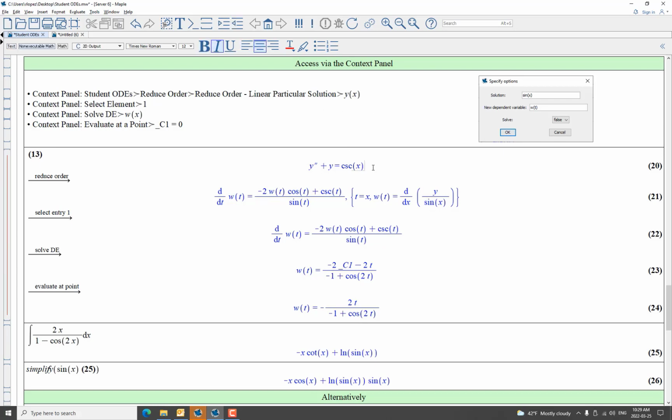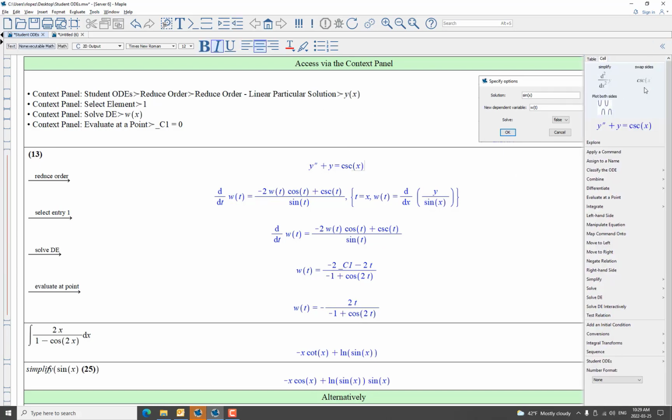Okay, here's the differential equation. Student ODEs. Reduce order. And it says reduce order to get a linear particular solution. That's what we've just done. Okay, so the return is this pair.